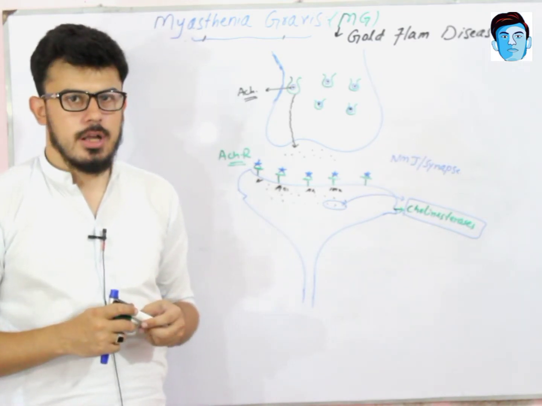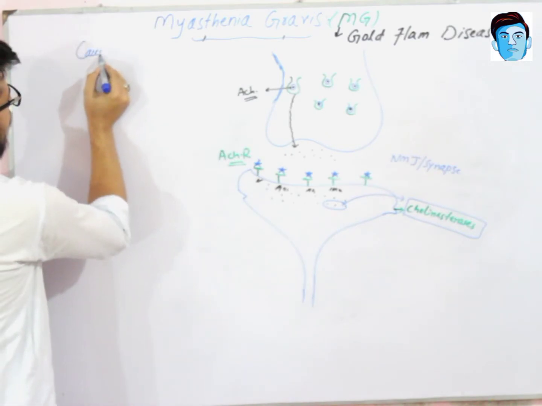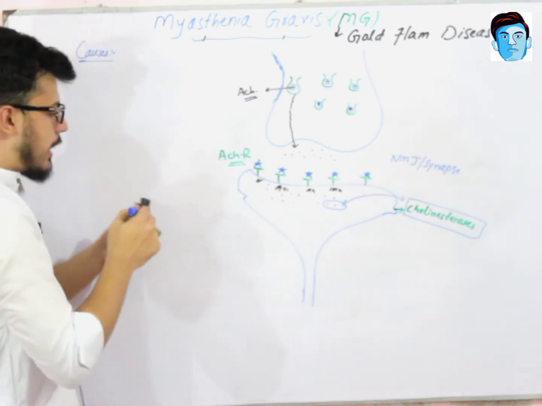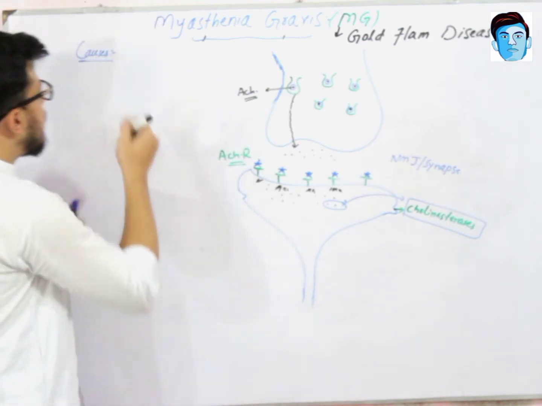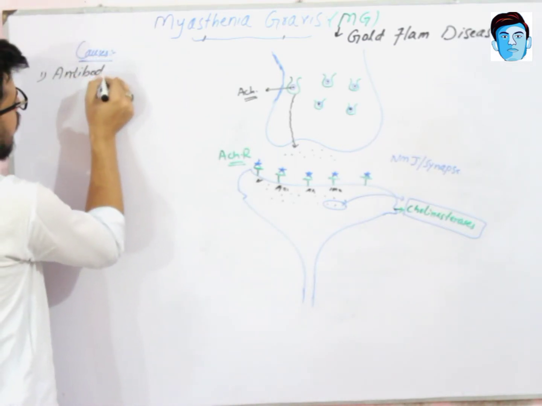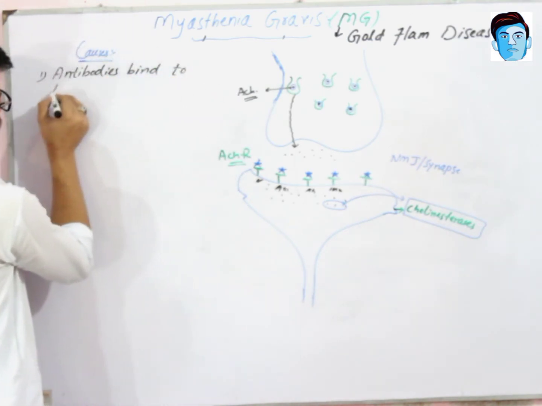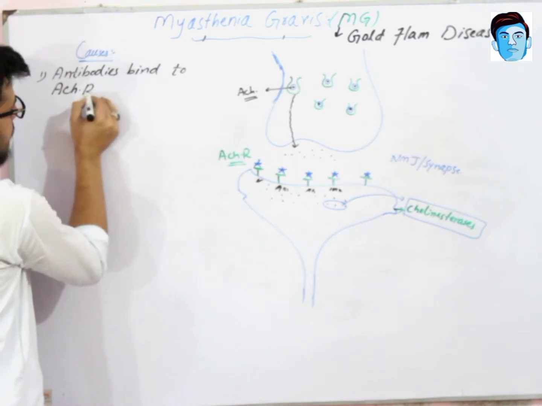So I repeat, what is the most common cause of myasthenia gravis? The antibodies bind to the acetylcholine receptor.